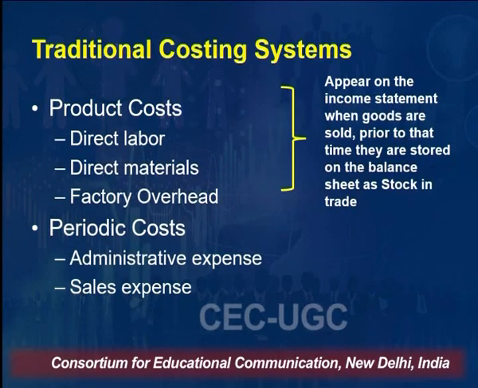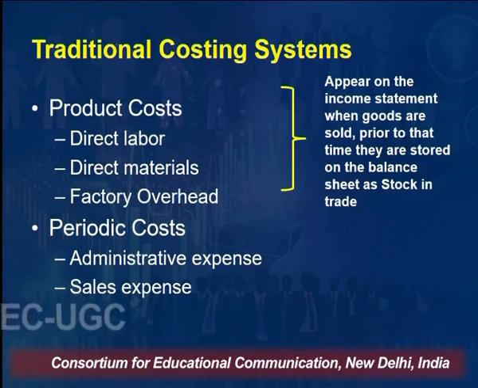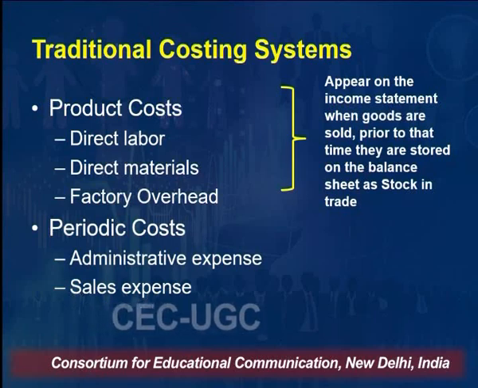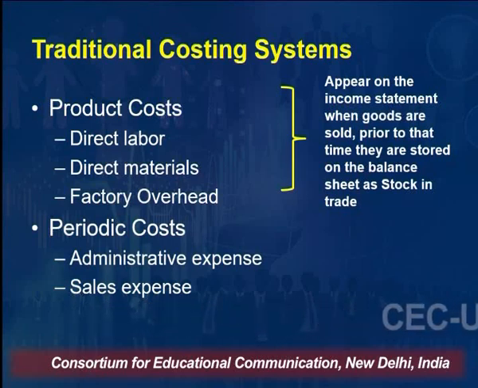So the traditional costing system used to broadly classify the cost in these two categories, the product cost and periodic cost. And if you remember, this product cost used to appear on the income statement only when goods were sold. So the moment goods are sold and the selling price is shown in your income statement, these costs used to appear on the income statement. And prior to that, you must be thinking where they were.